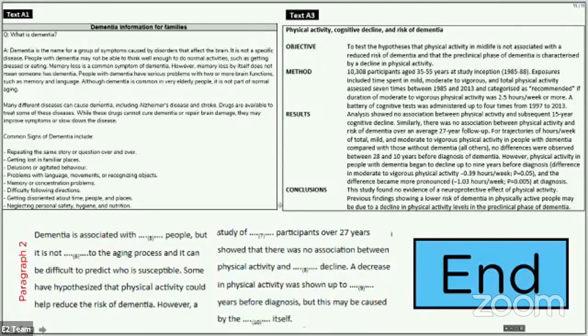Okay, let's have a look at this number here, number 7. It says, however, a study of something participants over 27 years. There's another little clue you can derive here, which is what type of word do you think could fit in this gap?